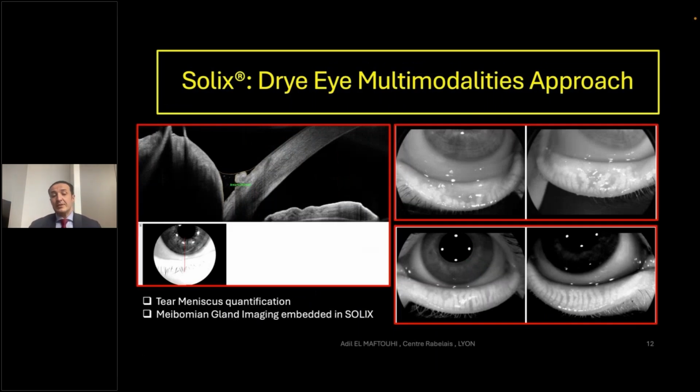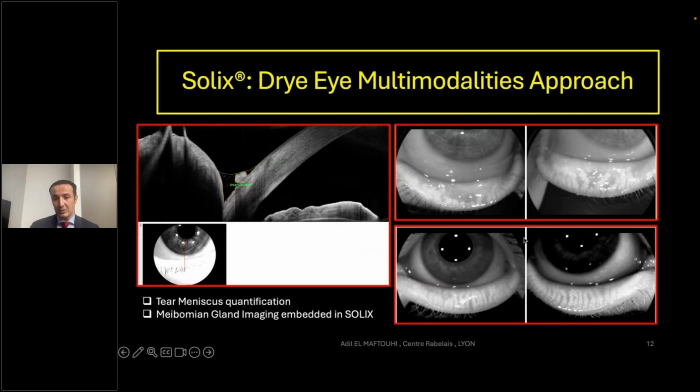We know now the Solix platform is a multimodal platform. You can also measure the meniscus tear film, but you can also perform the meibomian gland imaging to analyze the stage of meibomian gland dysfunction.